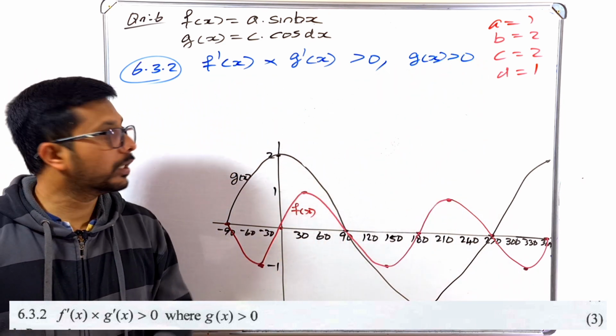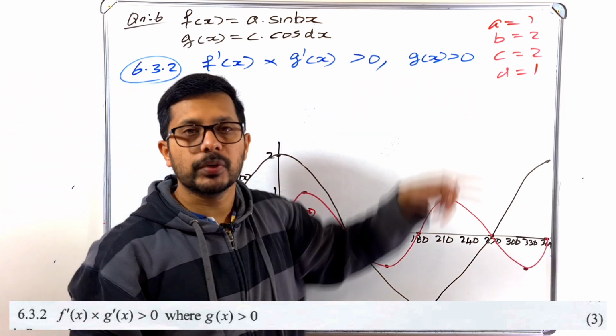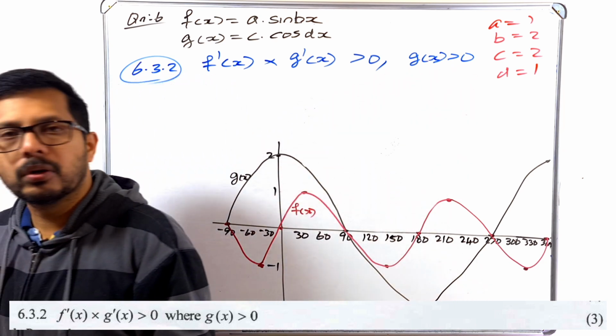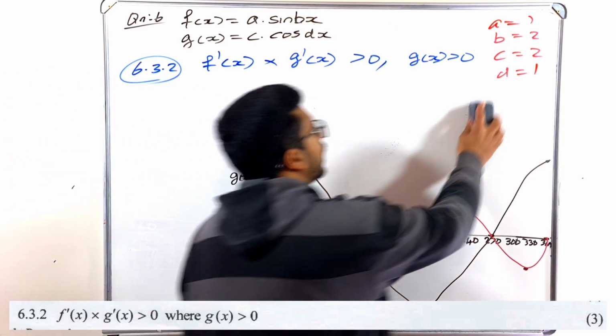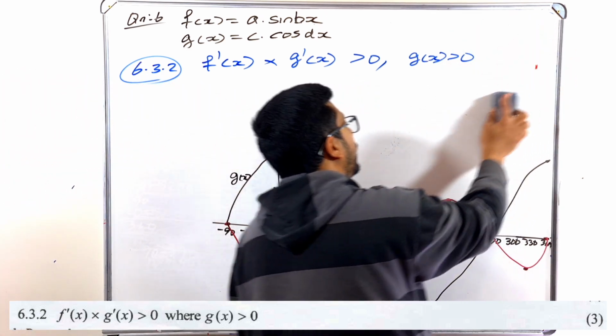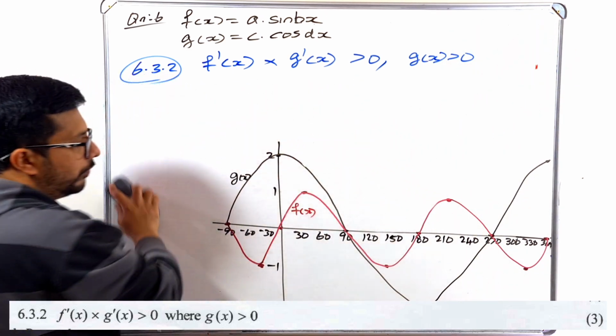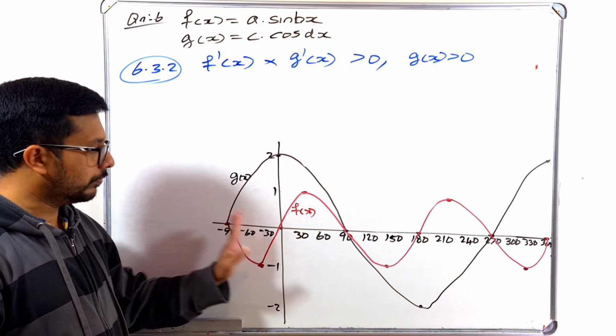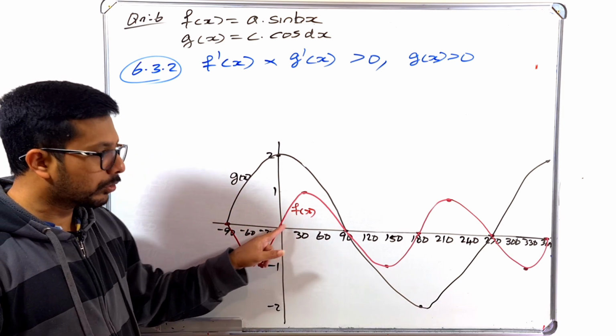g of x greater than 0 is a condition. It means we don't want to consider the negative side. This is g of x less than 0, so we want to consider only from this 0 to that side.